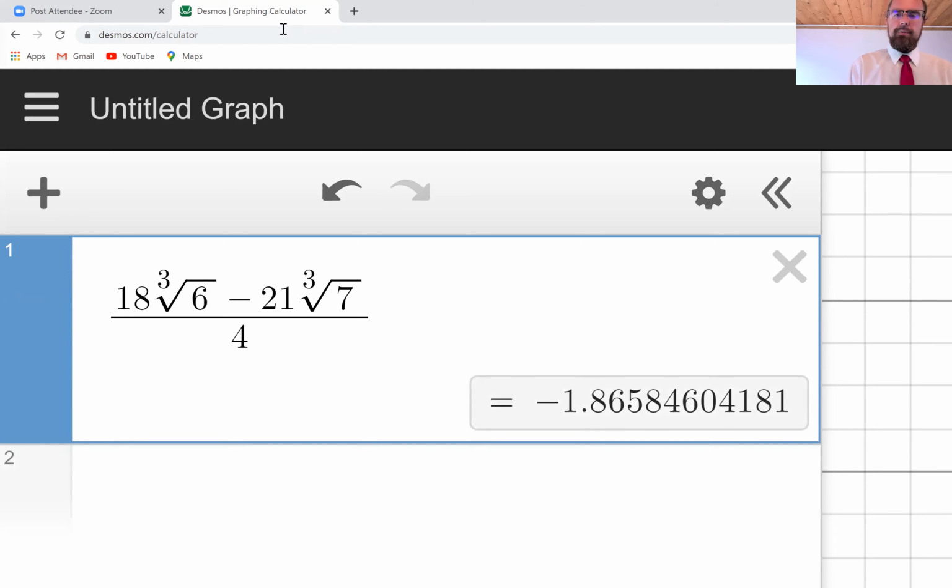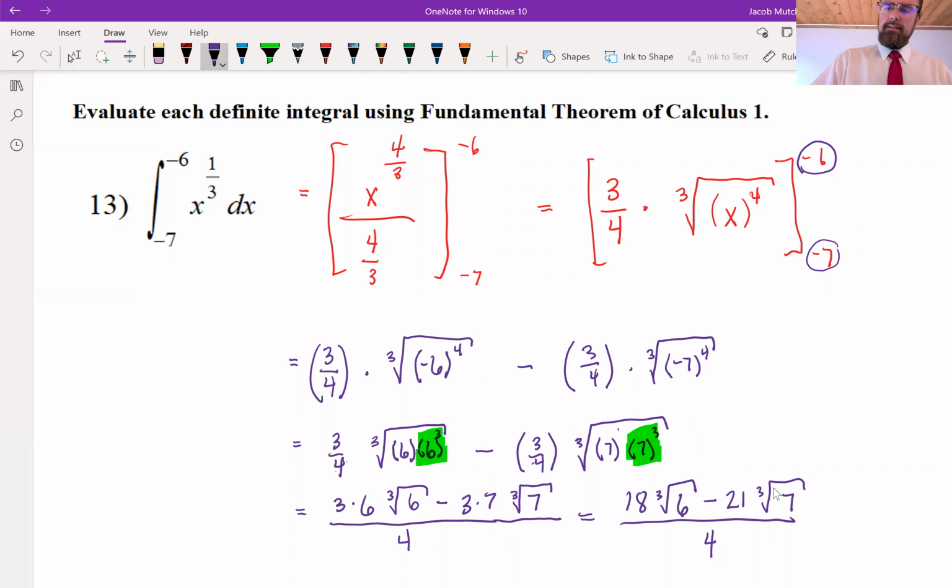And that's going to give us an approximation of negative 1.866 if I take it to the thousandth. And we'll just take that back to the note screen to finalize that answer. It has about the value of negative 1.866.